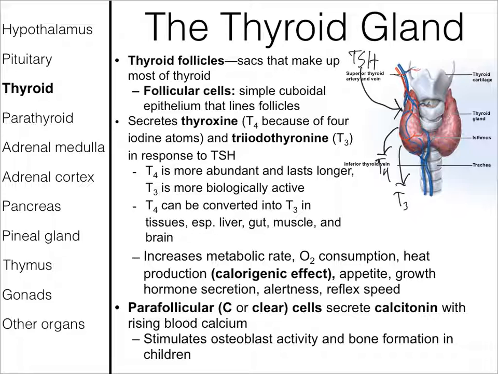T4 is very abundant. The vast majority of thyroid hormone in your body at any one time is T4. It lasts a long time. But it's not very active. Like, it actually doesn't have much of an effect on you. Usually what happens is that T4 is secreted with a little bit of T3 with it, and then that T4 is slowly turned into T3 a bit at a time over the course of a day or a month or whatever.